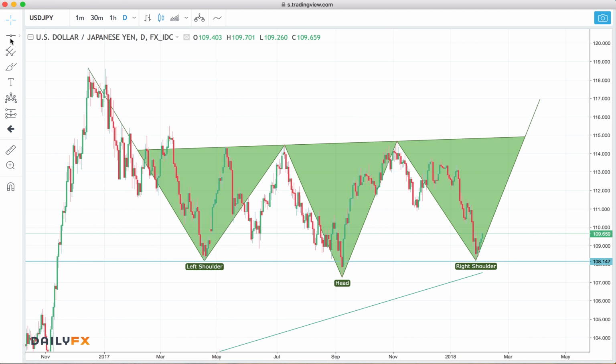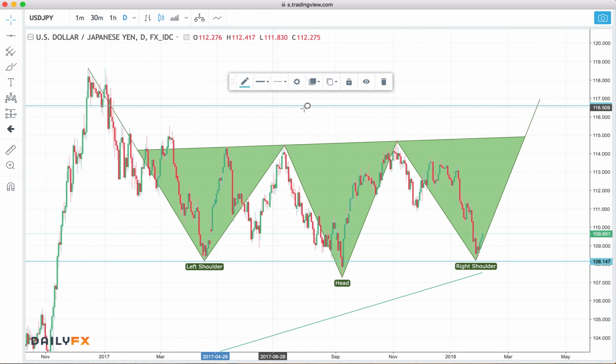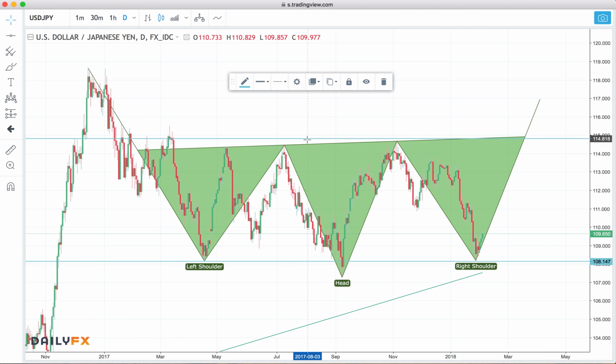Technically I would really have to put a horizontal line at the highest point, as this tool didn't quite do it right. When the price breaks above the neckline, that is confirmation of the head and shoulders pattern.